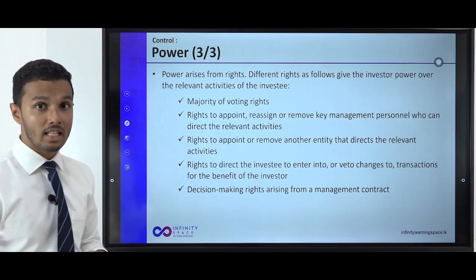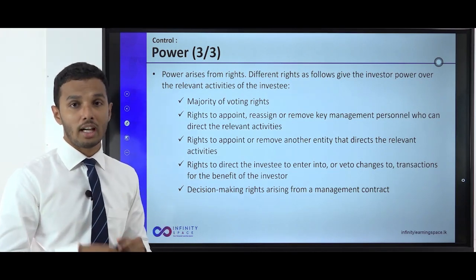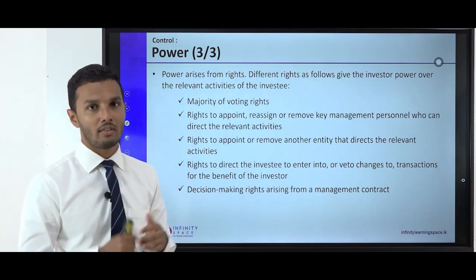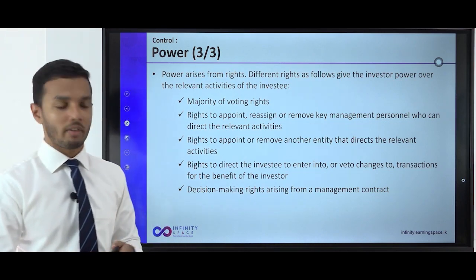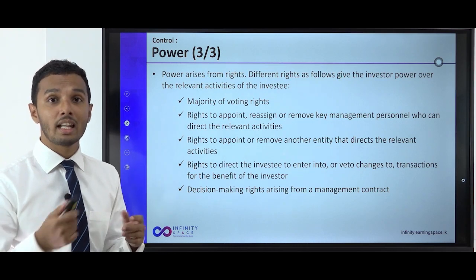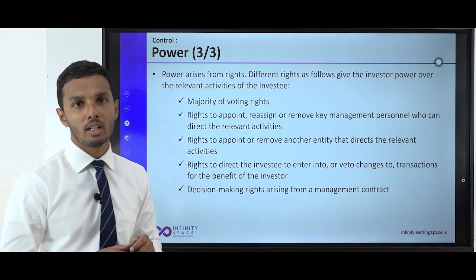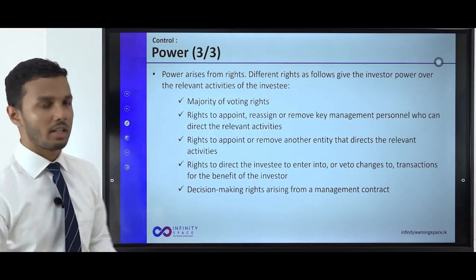If an investor has a majority of the voting rights, meaning more than 50% of the voting rights of an investee, then obviously the investor has power over the investee, because when he has more than 50% of the voting power, he can appoint the majority of the board of directors, and then he can have the final say in any resolution discussed at a shareholder meeting. So because of that, he can have power over the investee.